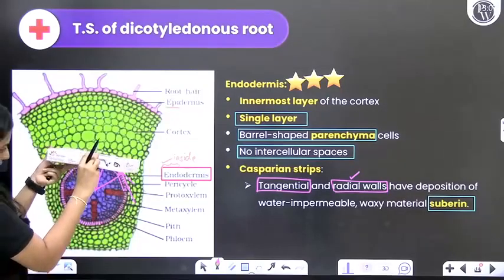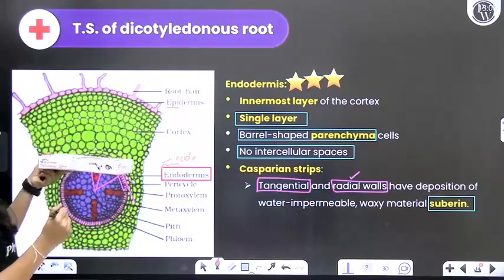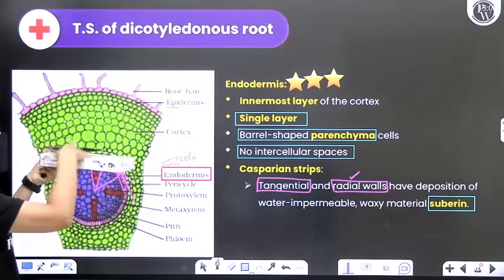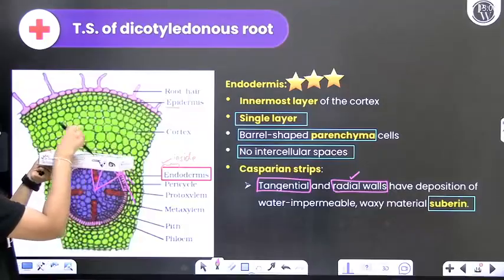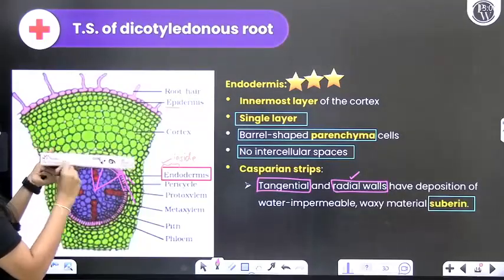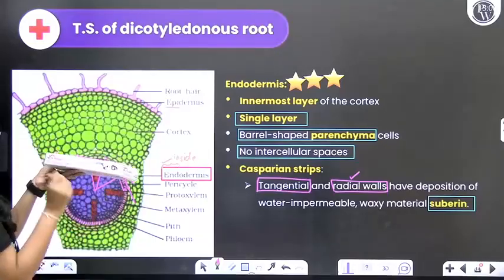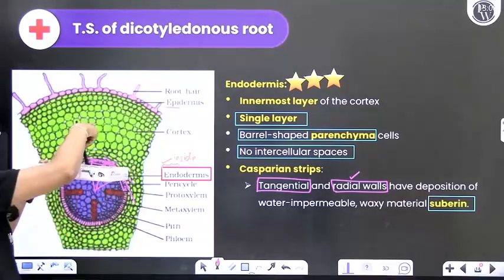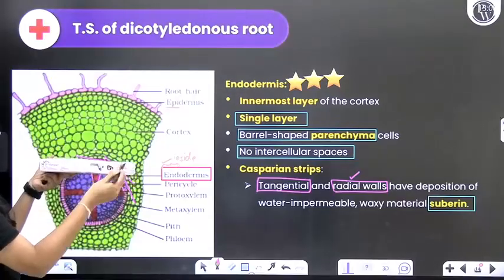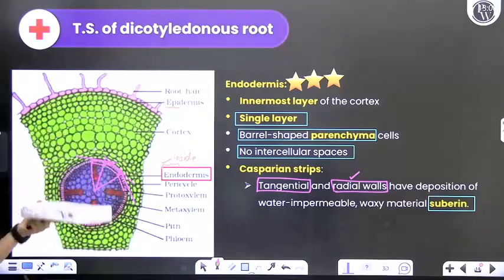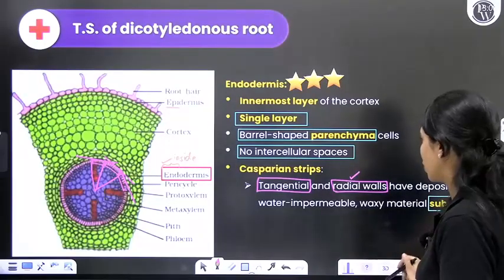So this wall and this wall are the tangential walls. Only in the tangential walls and the radial walls, these 4 walls, you can find the deposition of suberin. You will not find it here, in these lateral walls. So in these radial and tangential walls, you have suberin deposited, and that is called Casparian strips.